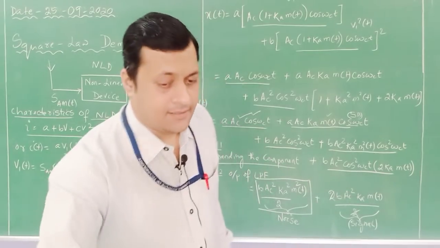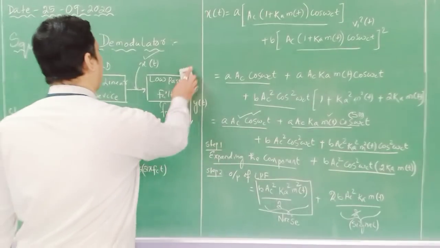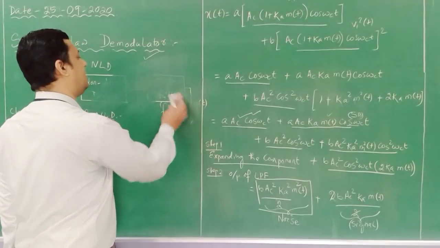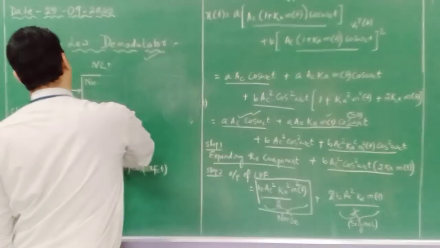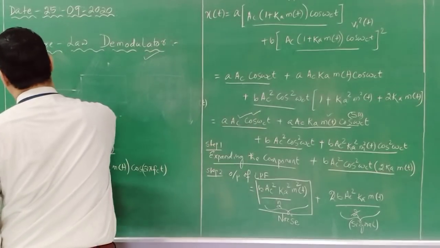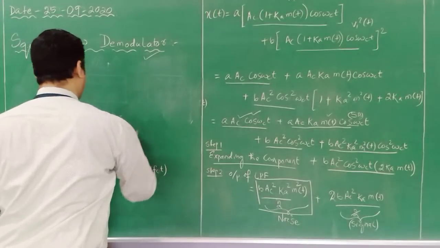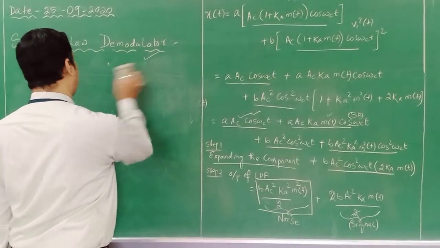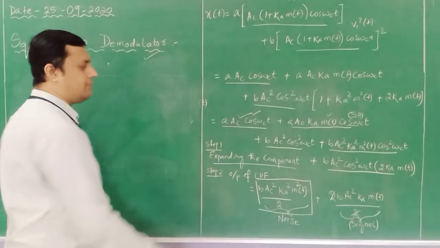Now, last class I discussed what the advantage of this particular thing is, and I told you that I will discuss it in the next class. So that advantage I will discuss now, and also what the disadvantage of this particular device is, we will see.